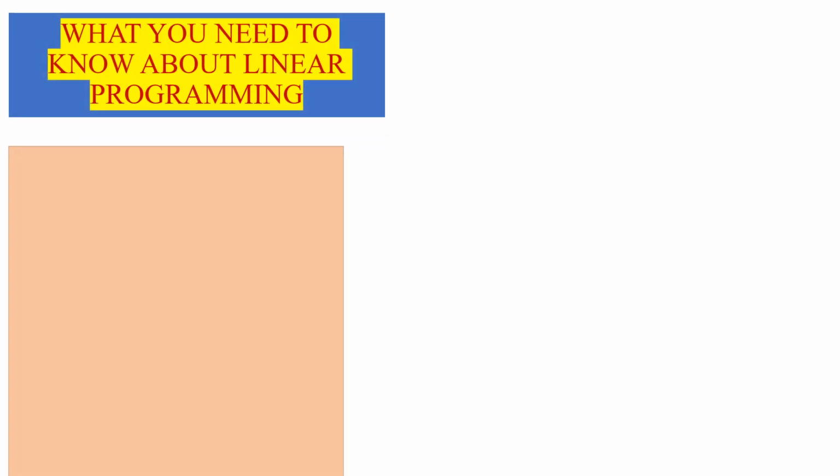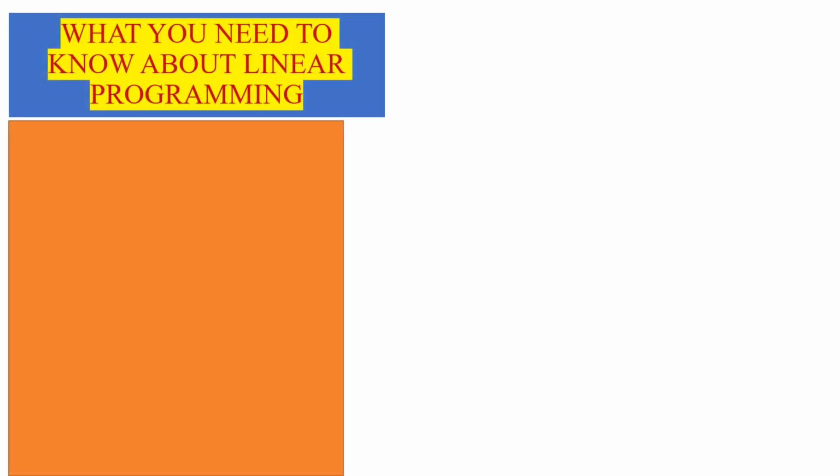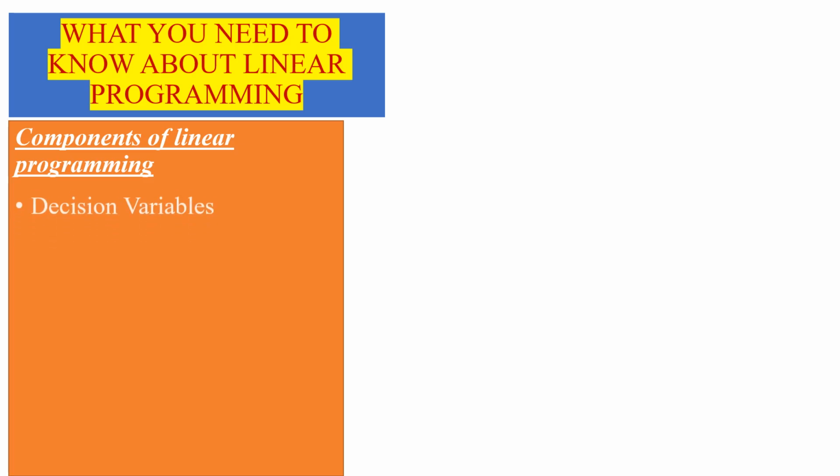So what do you need to know about linear programming? What are the components of linear programming? Number one, we have decision variables. In decision variables, you have to learn how to define those decision variables very well.